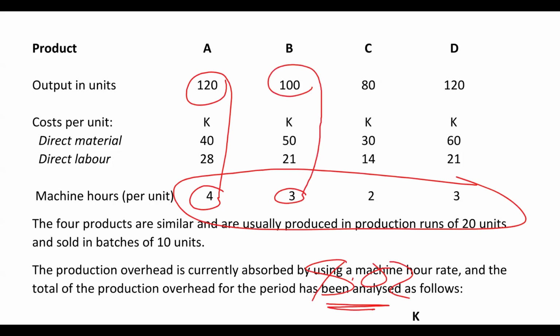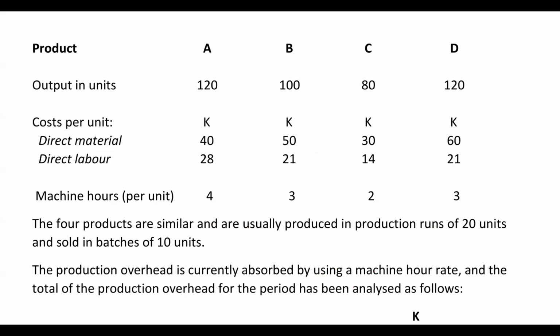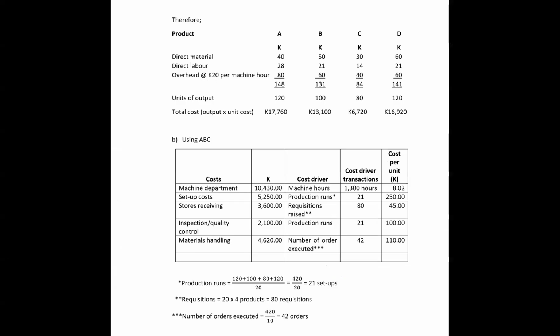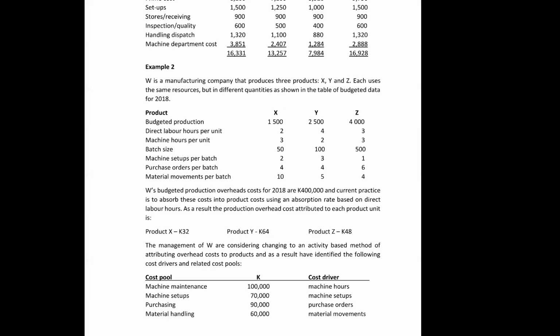That's how you find those machine costs. All right? This is how these are found. The machine department cost is for the machines. This is how they were all found.